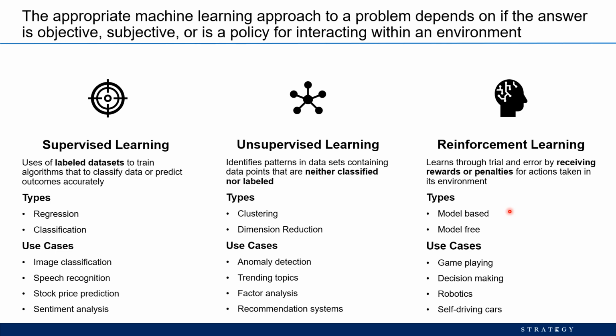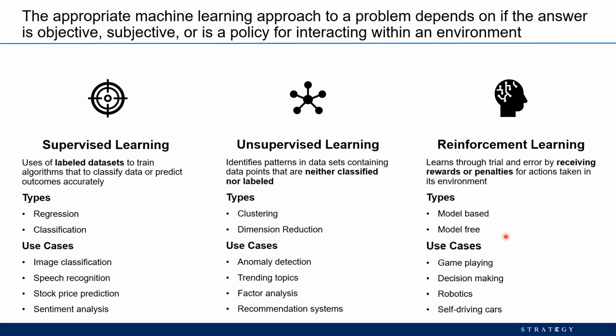Model-free would be more like teaching a self-driving car how to drive. There's an infinite number of states and you can't model that out. So the agent doesn't actually have the state space, but rather is creating its own policies to try to take different actions.